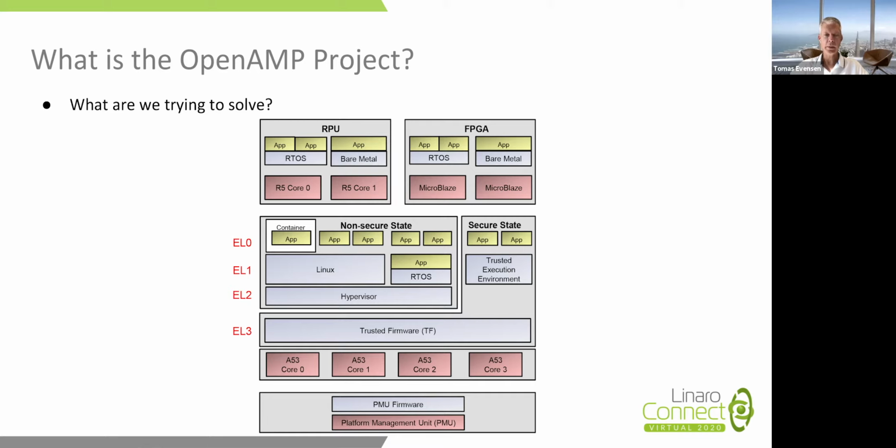And it gets fairly complicated because you also have different execution levels. Of course you can run things at a very low firmware level, hypervisor level, RTOS or Linux level, and so on. And all these need to be able to interact. All right, let's go to the next slide here.